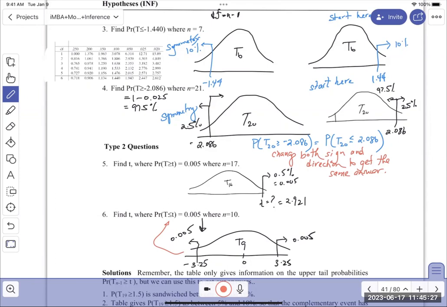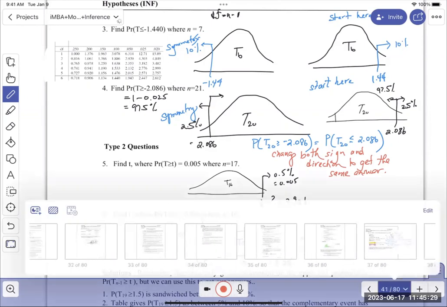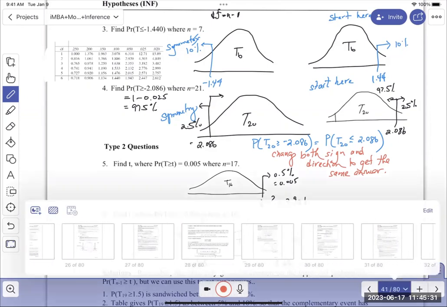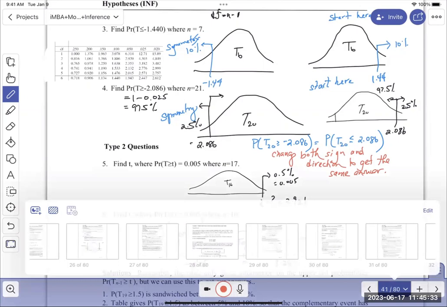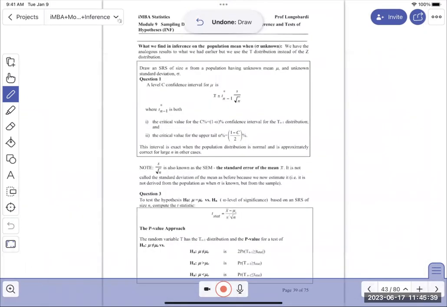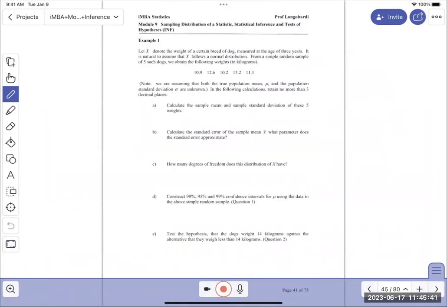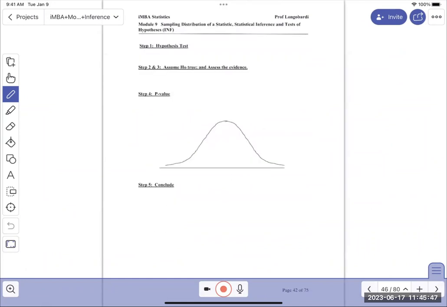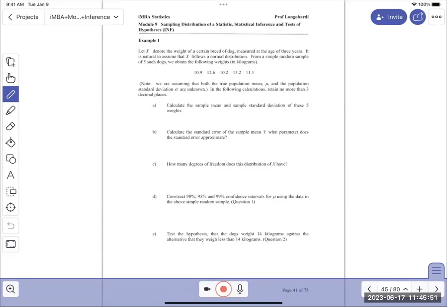You have some practice. So what we're going to do before we go is look at the same sorts of problems. The difference is that we don't have sigma.